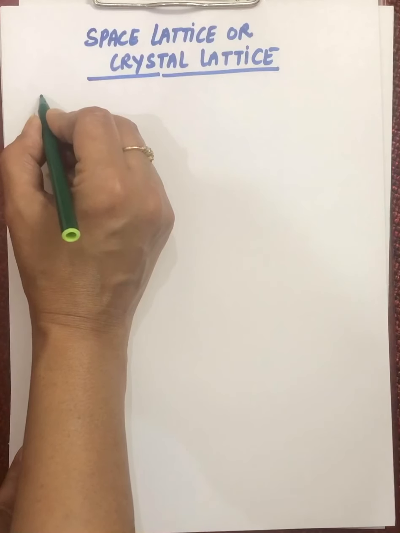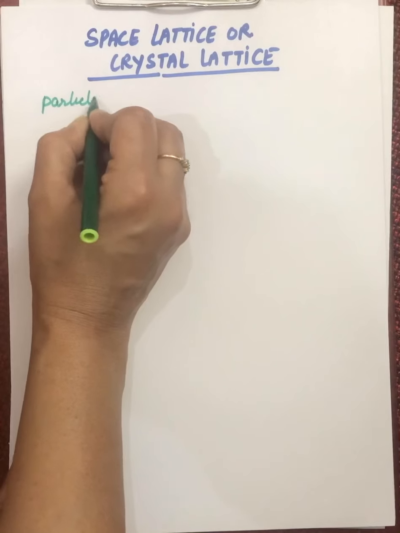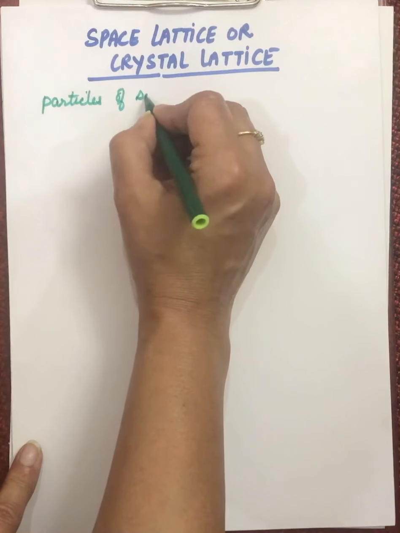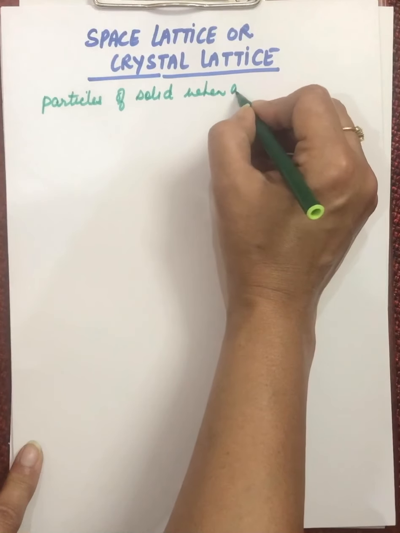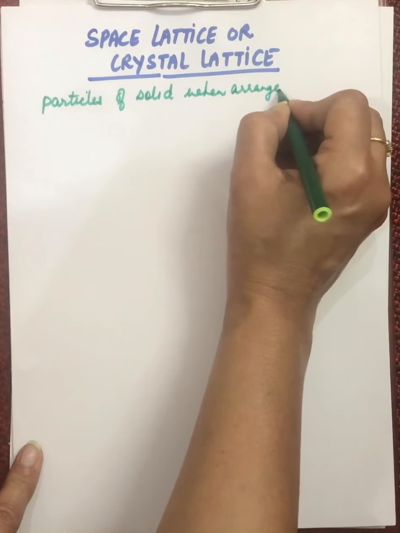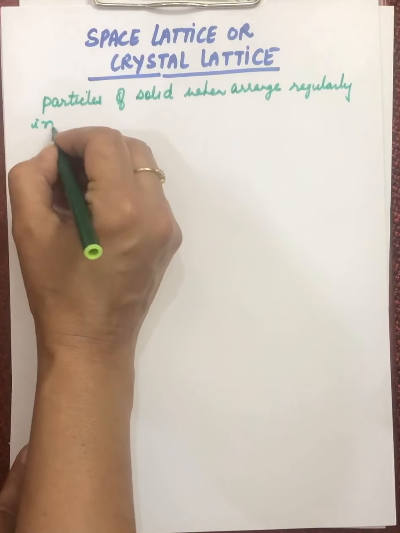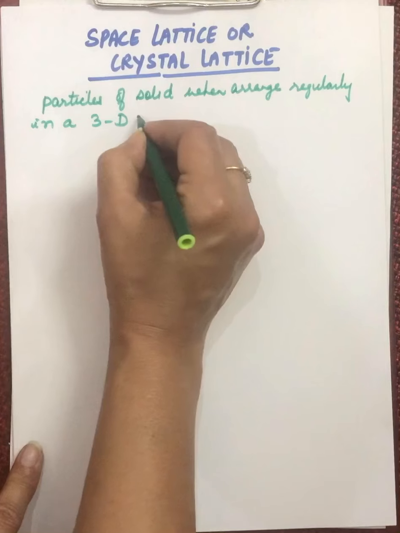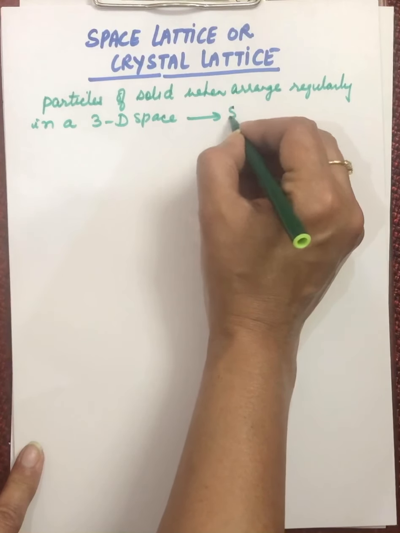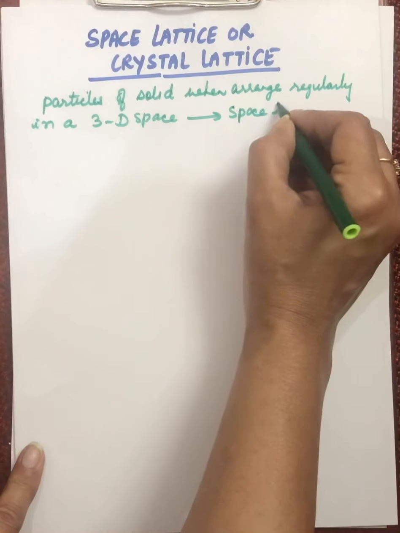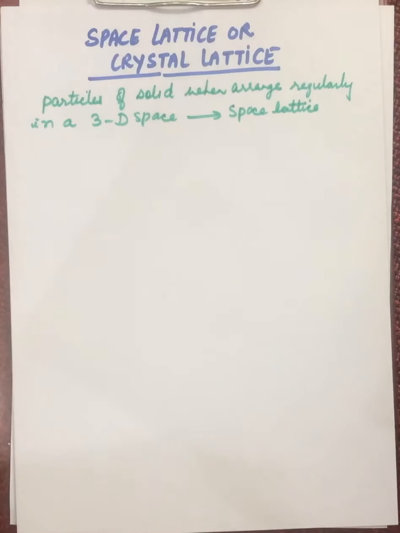Crystal lattice is formed when we take the particles of solids and arrange them regularly in three-dimensional space. The structure that we'll get is known as space lattice, or this is called crystal lattice.